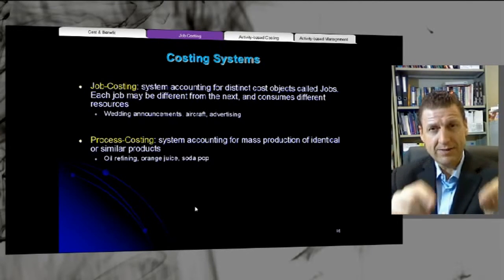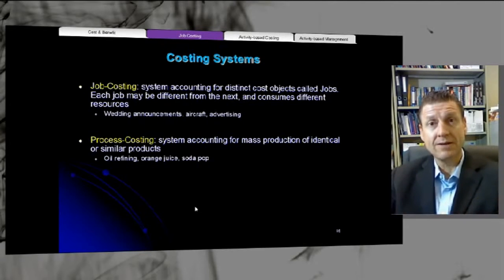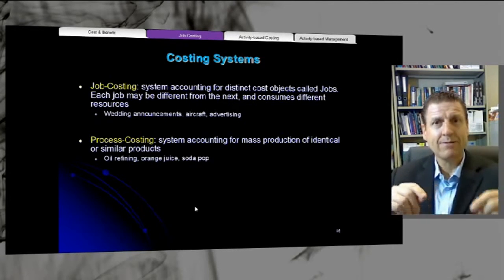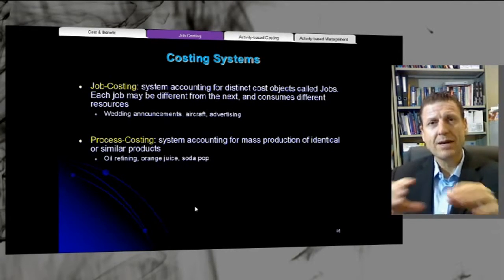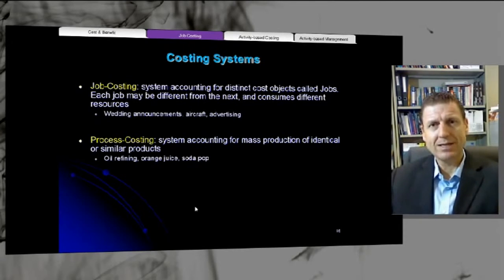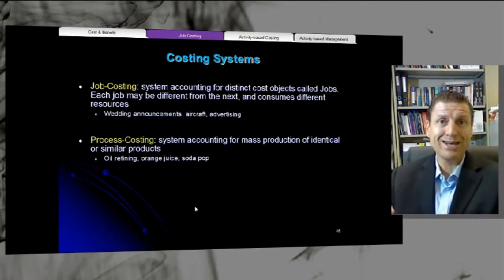Where, and this is specifically important, where jobs are different. Under process costing, we have similar products. For example, oil refining, orange juice, soda pop. These are similar products. Basically, you're making a liquid product. So therefore, you can use process costing to allocate materials, labor and overhead to work out the actual cost per litre, the cost per gallon, or the cost per pint, or the cost per however you measure these things.